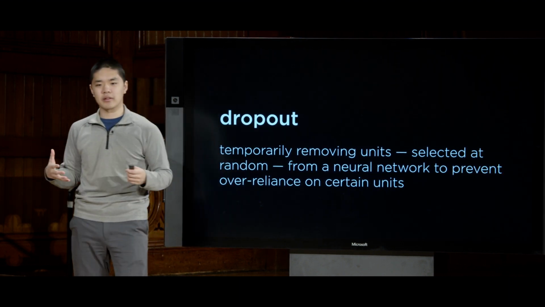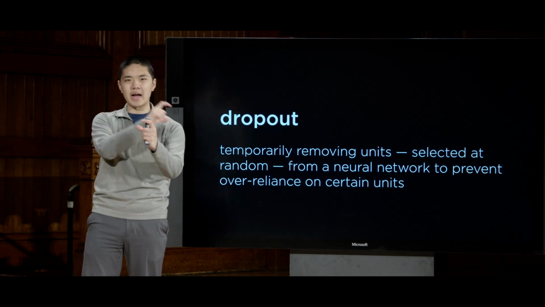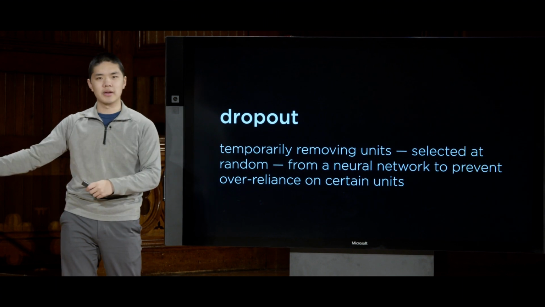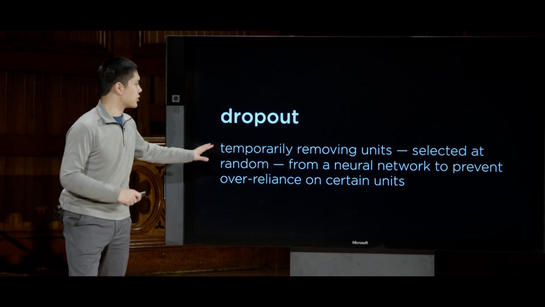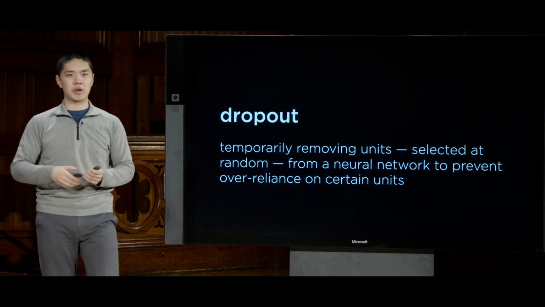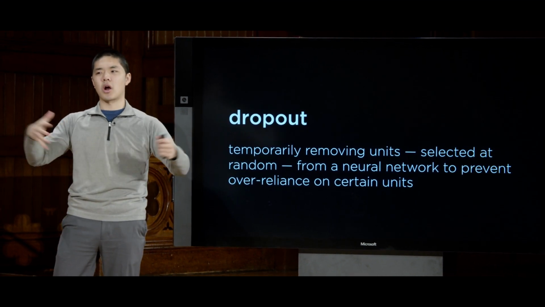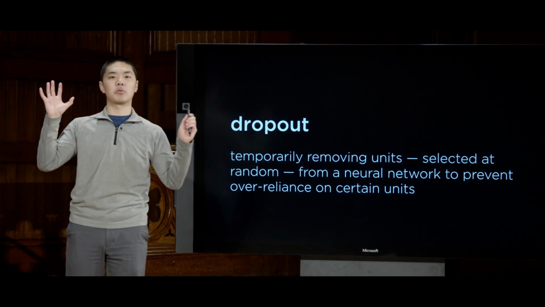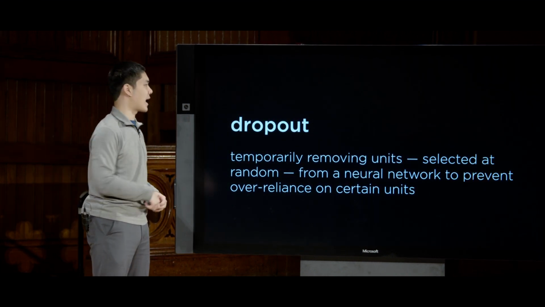What generally happens in overfitting is that we begin to over-rely on certain units inside the neural network to tell us how to interpret the input data. What dropout will do is randomly remove some of these units in order to reduce the chance that we over-rely on certain units, to make our neural network more robust, able to handle situations even when we drop out particular neurons entirely.